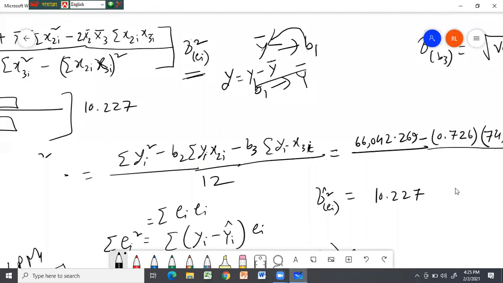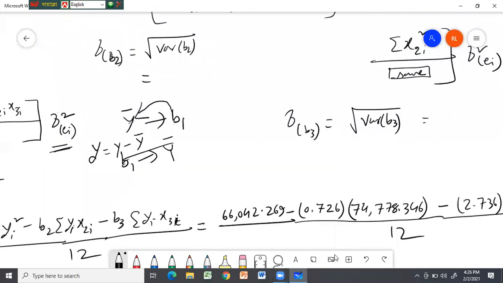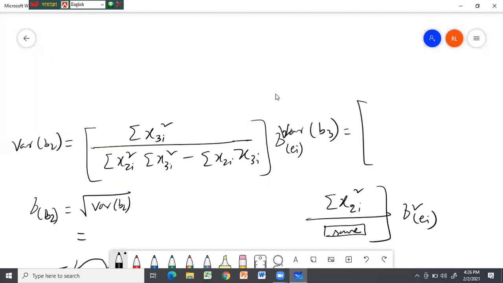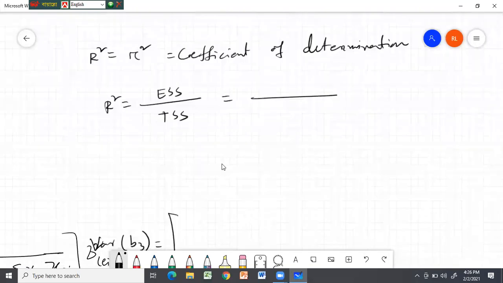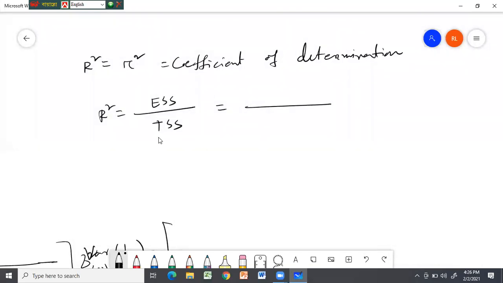So you can also calculate the R square value with sum of ei square. আপনি যেভাবে যান দুইভাবে চাইলেই ক্যালকুলেট করতে পারবেন, either you can go through the ESS divided by TSS or you can also go through the R square calculation with this 1 minus sum of ei square divided by sum of yi square. আপনি এইভাবেও চাইলে ক্যালকুলেট করতে পারবেন.